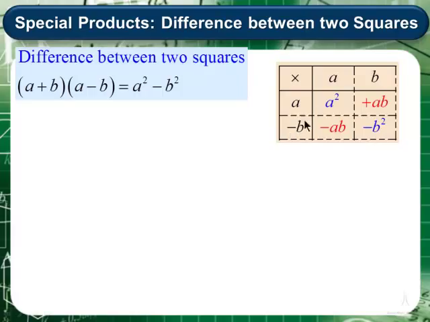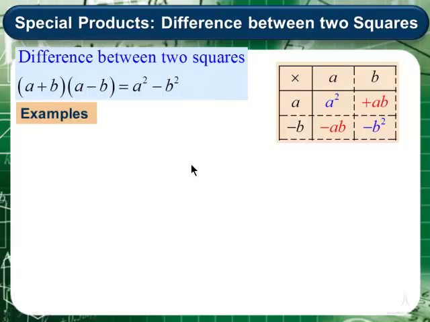If we now compute the products, in other words complete the grid, then we have a squared, minus b times b gives us minus b squared, and then the similar terms in red will be in one case plus ab, a times b, and in the second case minus b times a, which gives us minus ab, and these two terms will cancel if we add them together. They're similar terms. So therefore we do not have a middle term in such an expansion, and the result will be a squared minus b squared as indicated.